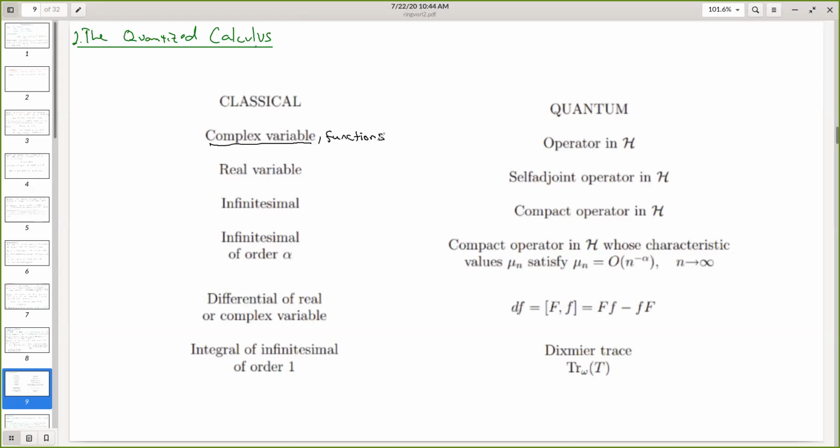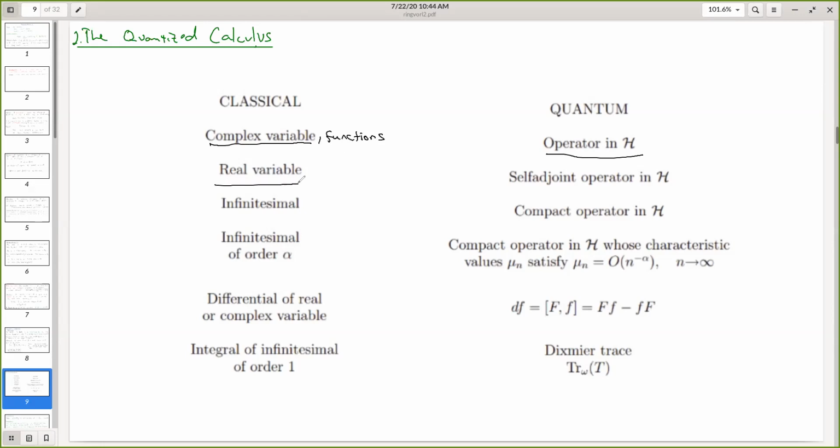These are functions that describe some physical quantities. And in quantum physics, you replace those functions by operators in H, acting on this Hilbert space.